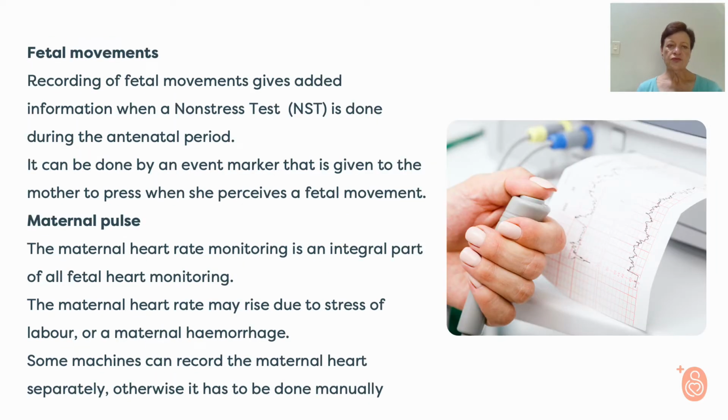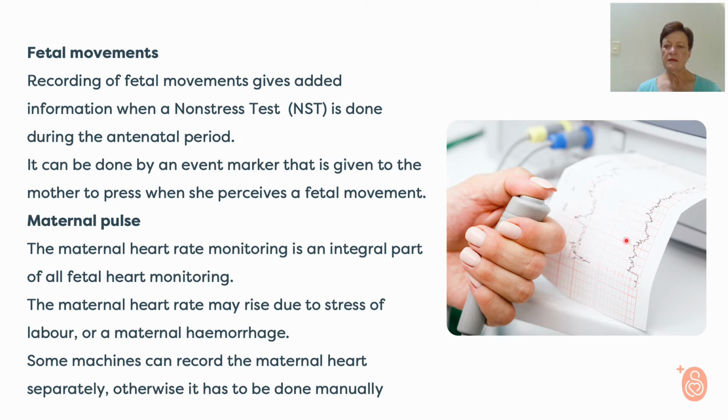Now, it's sometimes also necessary for us to monitor the fetal movements, and this is specifically important when we do a non-stress test during the antenatal period. When we come to antenatal fetal monitoring, we will discuss this in much more detail. To be able to determine whether there are fetal movements and when exactly they happen, the mother gets what we call an event marker, and she presses this button every time she's aware of a fetal movement.